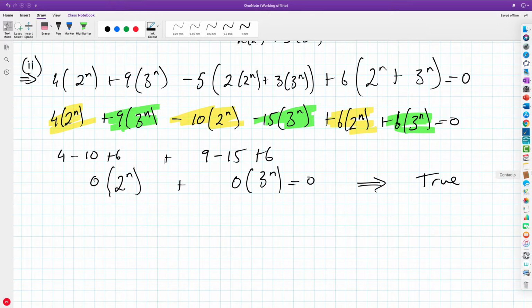Same page in our copybook. Write the following.